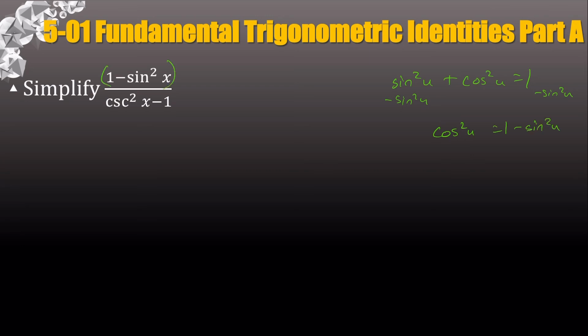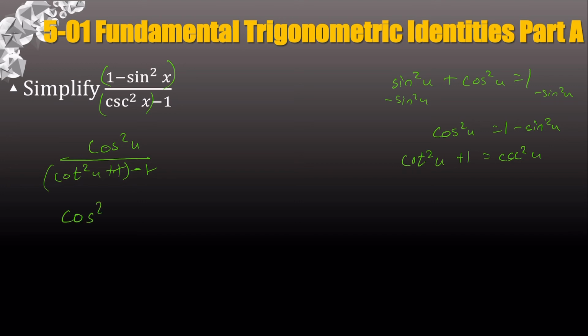Notice at the top I have 1 minus sine squared, so the top would become cosine squared. The bottom, we also had cotangent squared plus 1 equals cosecant squared. So where I have the cosecant squared, I can put cotangent squared plus 1. Of course, the 1's cancel out.